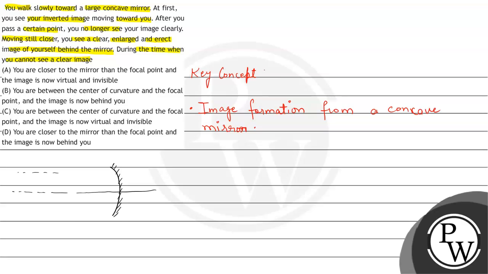This is our focus, let's suppose, and this is our center of curvature, and they meet at focus. So if a light ray comes from infinity, it converges to focus. So the image forms at focus. Okay, so image at focus when object at infinity.